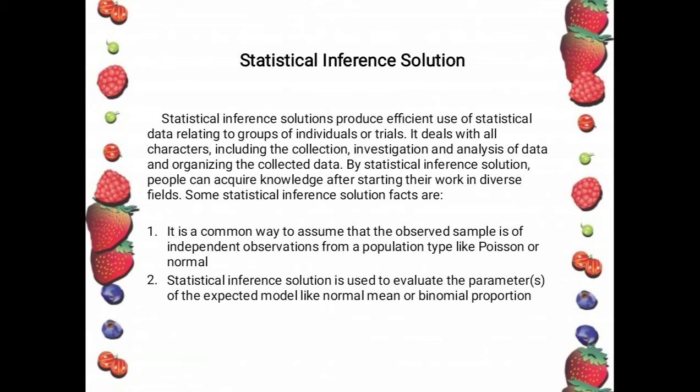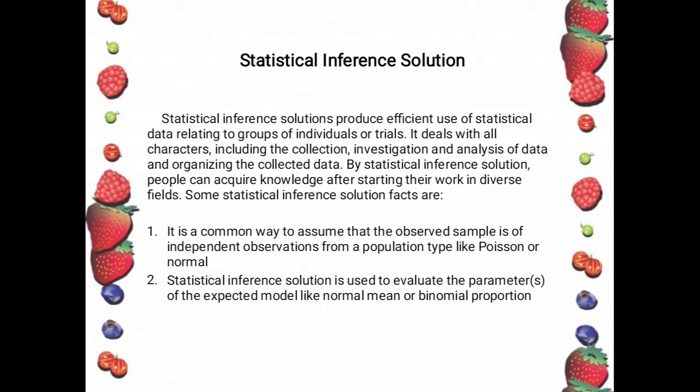Statistical inference solution produces efficient use of statistical data relating to groups of individuals or trials. It deals with all characteristics, including the collection, investigation, and analysis of the data and organizing the collected data. By statistical inference solution, people can acquire knowledge after starting their work in diverse fields.